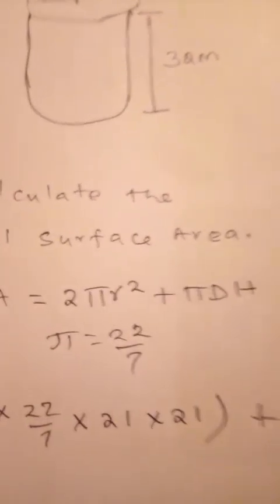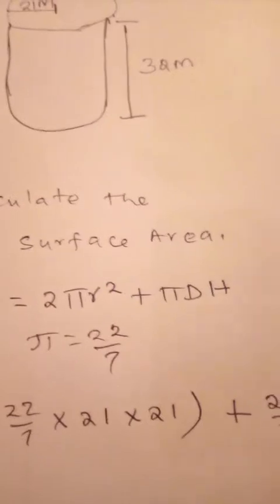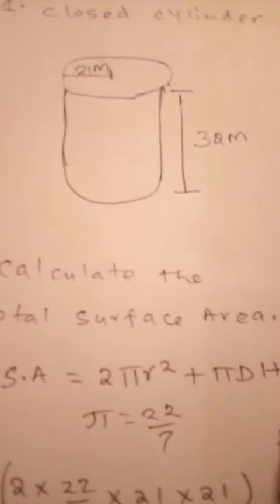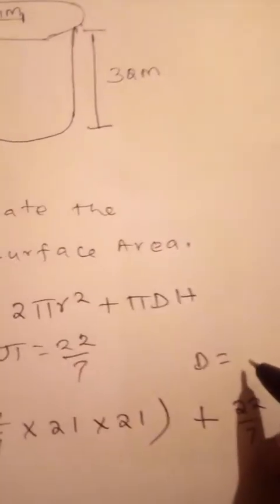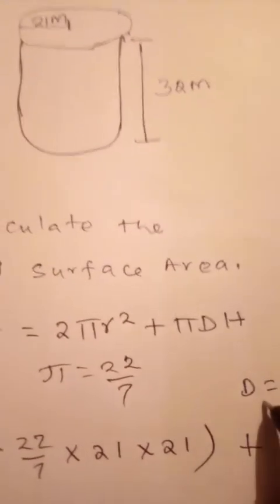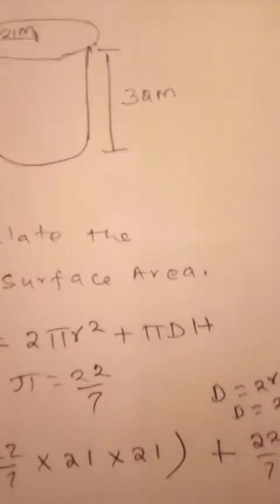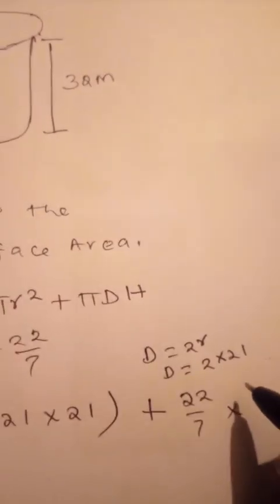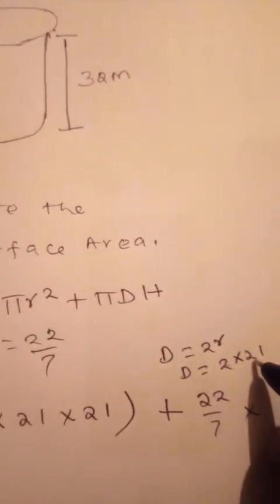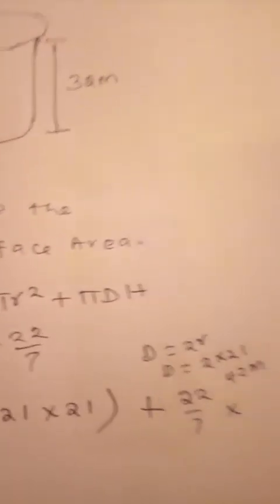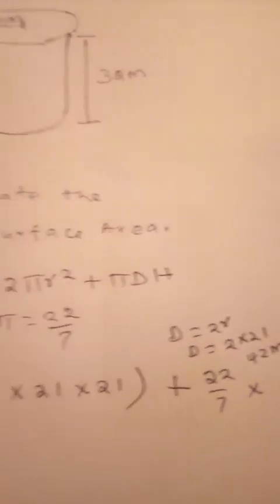We add pi dh, which is 22/7 times the diameter. The diameter is equivalent to 2r. That means the diameter is going to be 2 times the radius, which is 21. That is 2 times 21, so we get 42 meters. So our diameter becomes 42 meters.